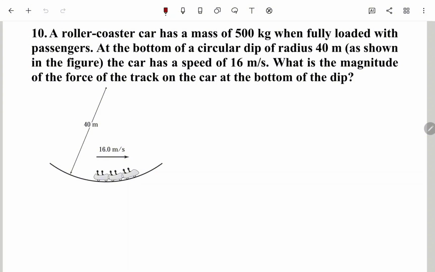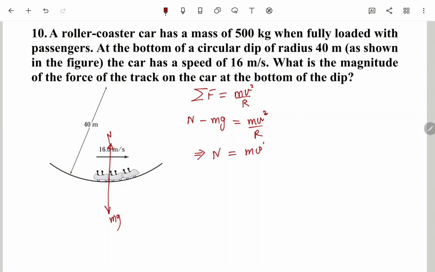Now here's the free body diagram. We have the weight, it's directed downward, this one here, and the normal is the force exerted by the track on the passengers, this one here. Now sum of all forces equal to ma, which is mv squared over r, central acceleration, and in this case here it's normal minus mg equal to mv squared over r. Or in other words, the normal equal to mv squared over r plus mg.